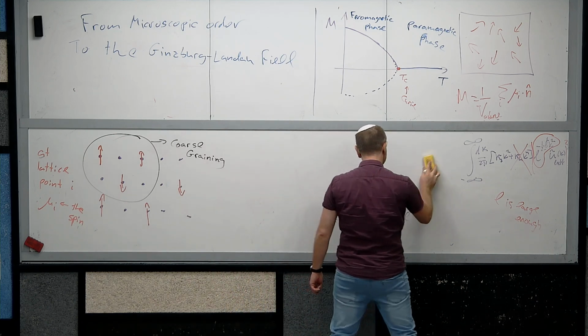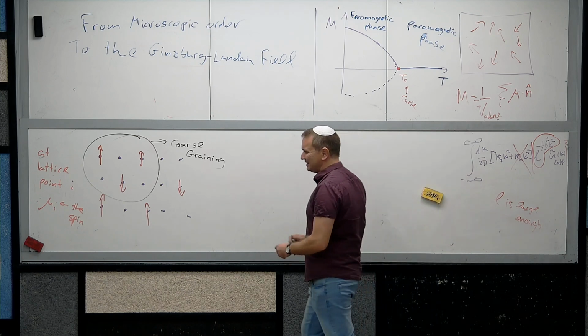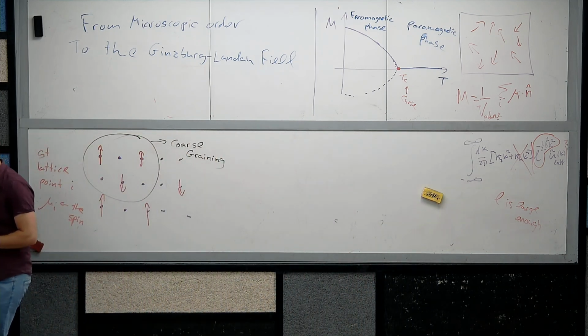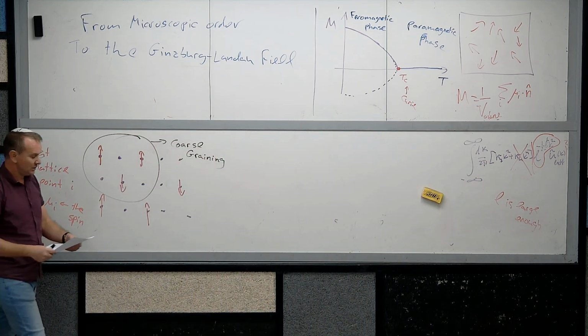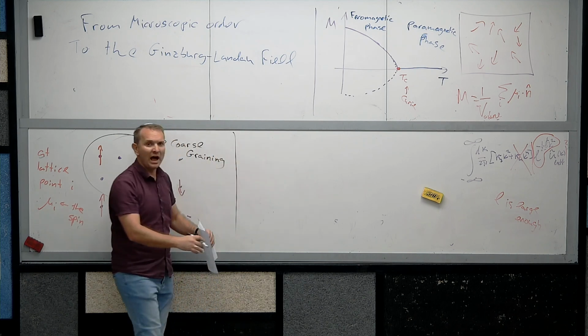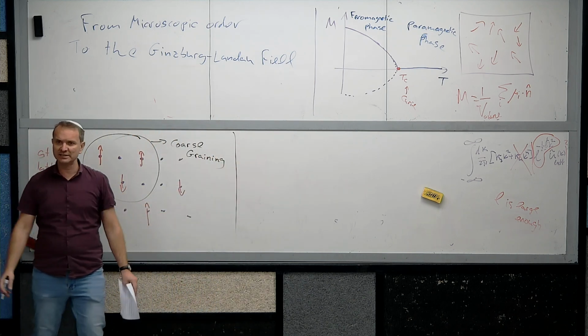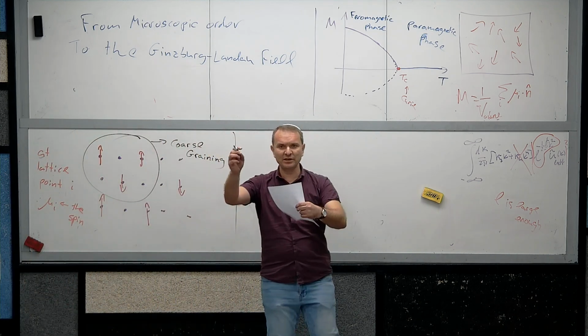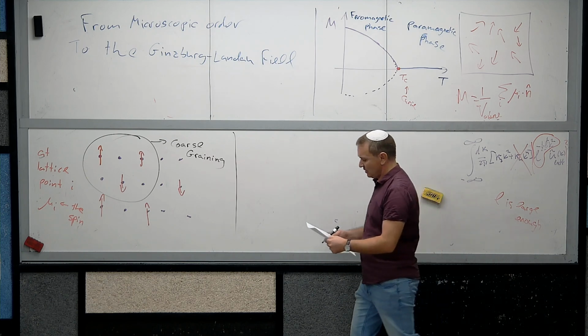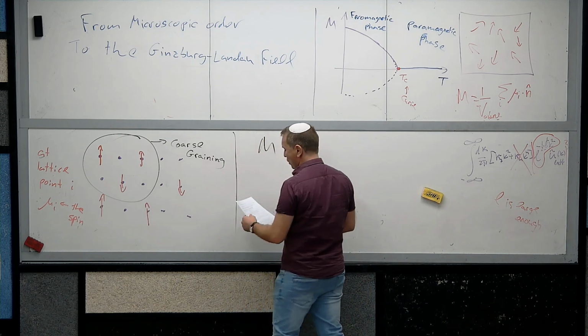This coarse graining procedure, exactly as in the elasticity, it produces a field. So first of all, remember, have we done the coarse graining for the elastic part? We said, well, we have something that's going on the lattice. The same goes over here.